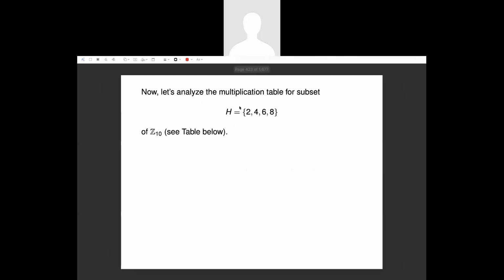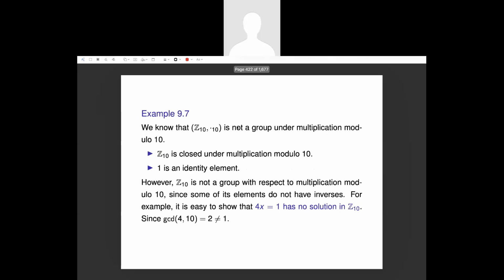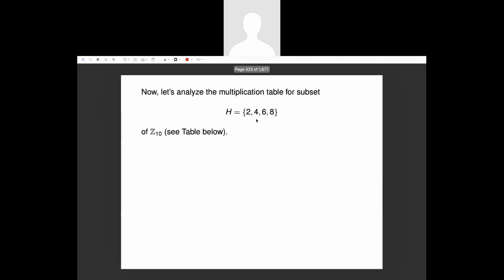Now we have to analyze the multiplication table for the subset H equal to {2, 4, 6, 8} of Z10. In place of Z we take 2, 4, 6, 8, and we have a table like this.